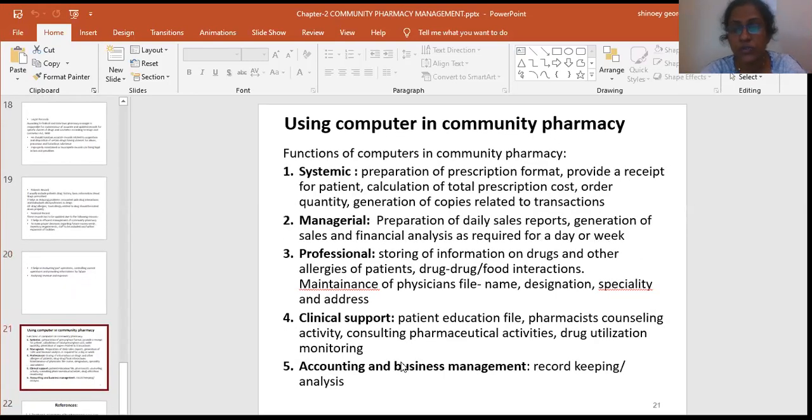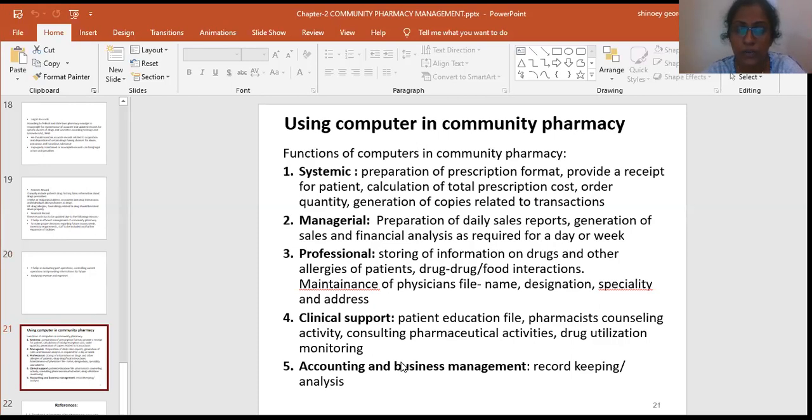Next one is the usage of computers in community pharmacy. Nowadays, all the information related to patients or related to drugs is maintained in software in community pharmacy, and this software mainly helps in systemic functions, managerial function, professional function, clinical support, as well as in accounting and business management.